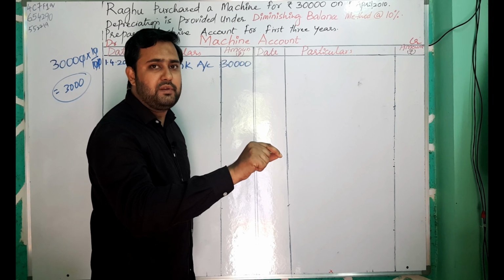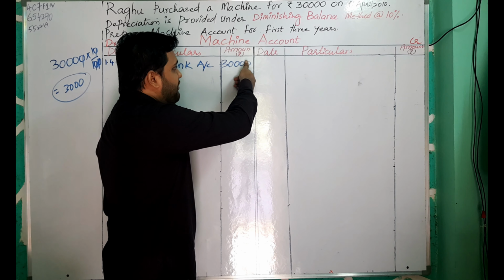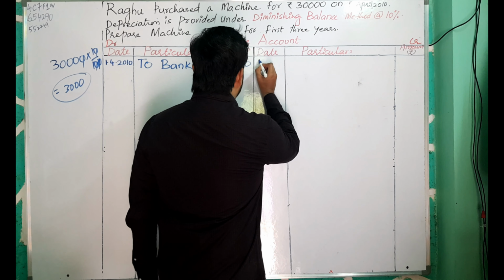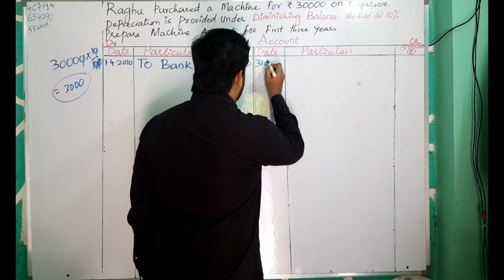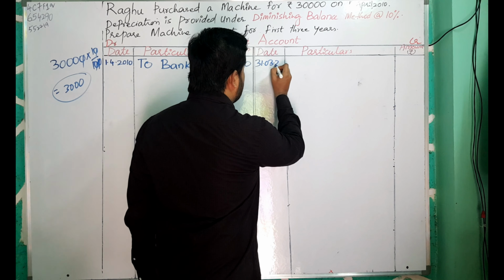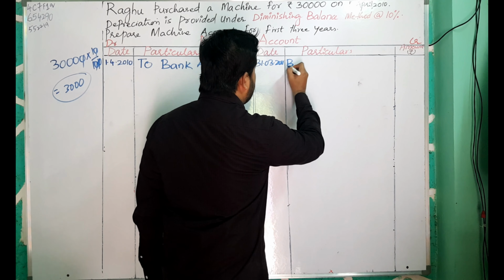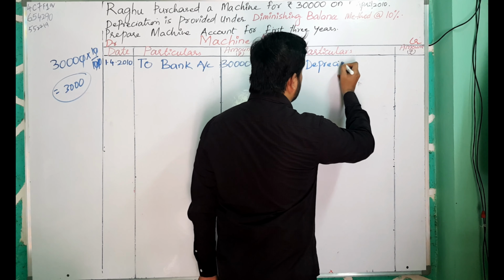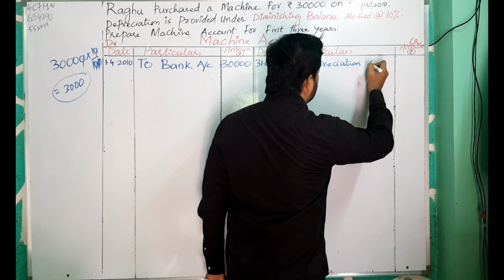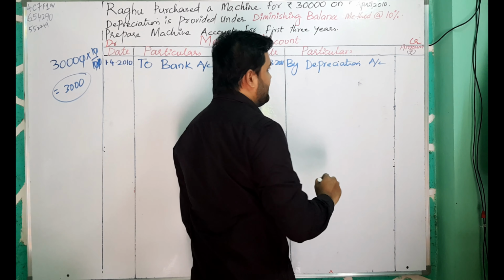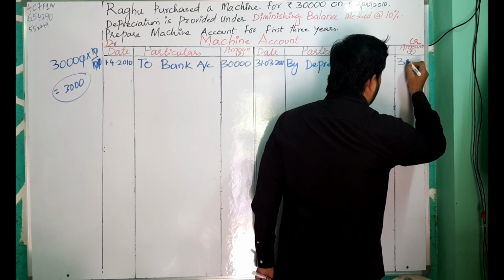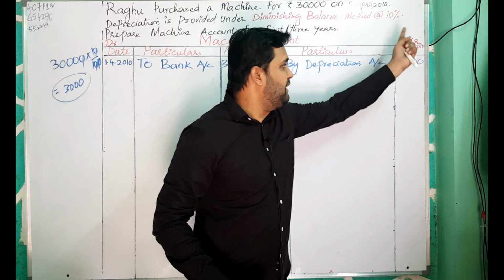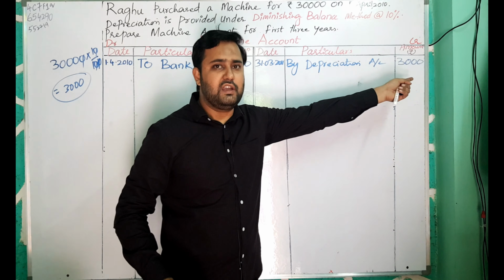So 31st March 2011, by depreciation account, 3,000 rupees. Why? Because 10% of 30,000 is 3,000.